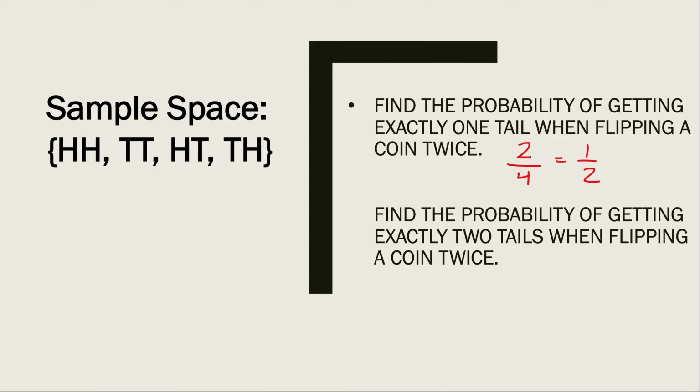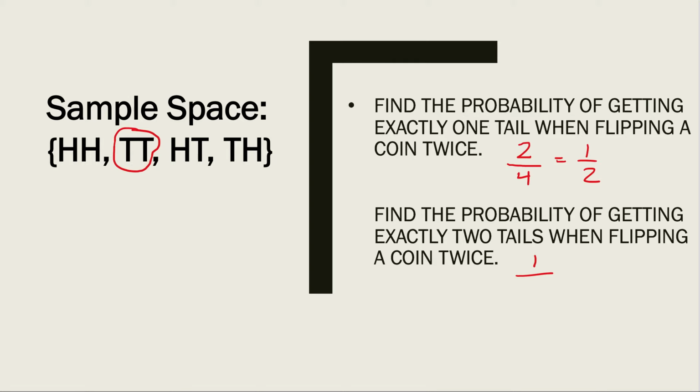Our second problem says find the probability of getting exactly 2 tails when flipping a coin twice. Again, we look at our sample space and determine how many outcomes are favorable. How many outcomes have exactly 2 tails? There's only one outcome that has exactly 2 tails, so 1 is the number of favorable outcomes.